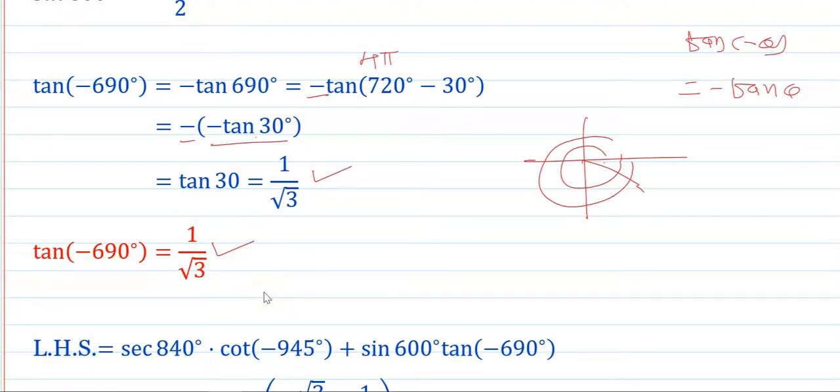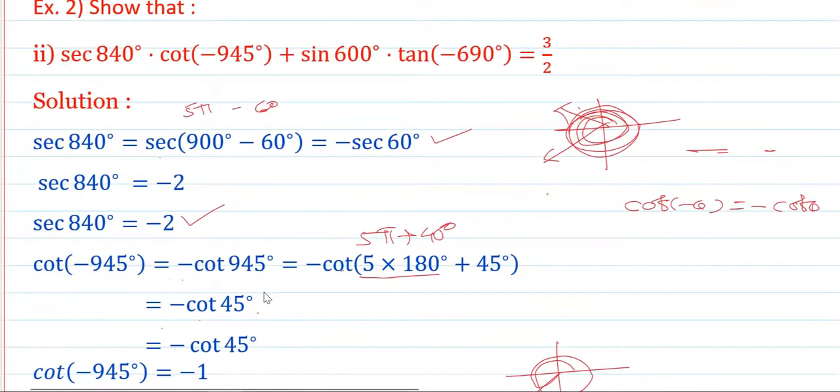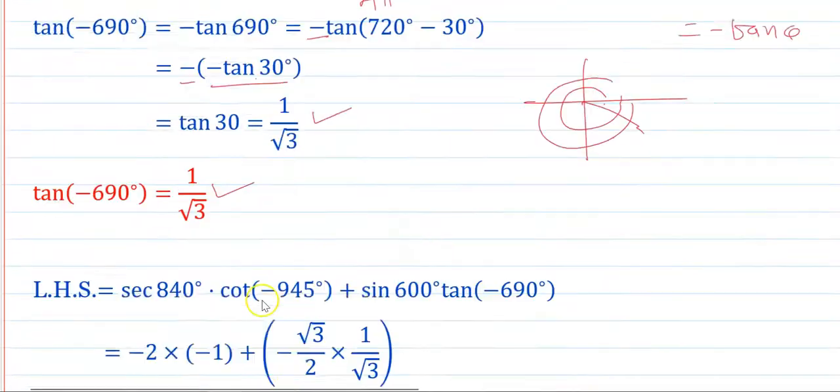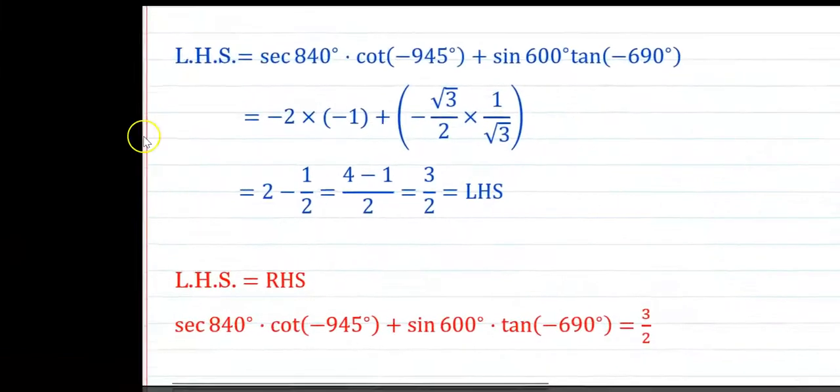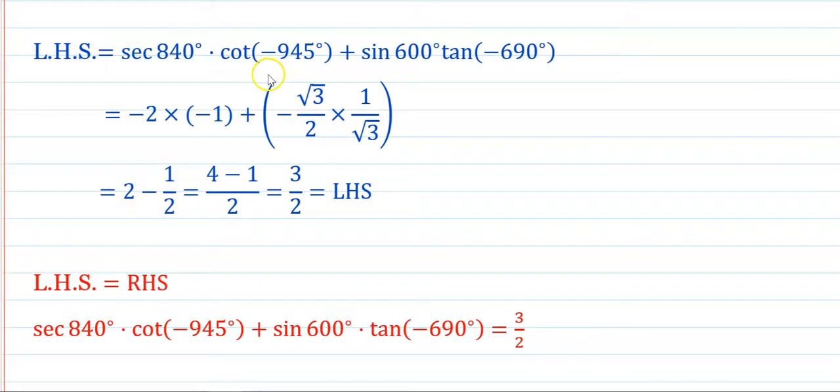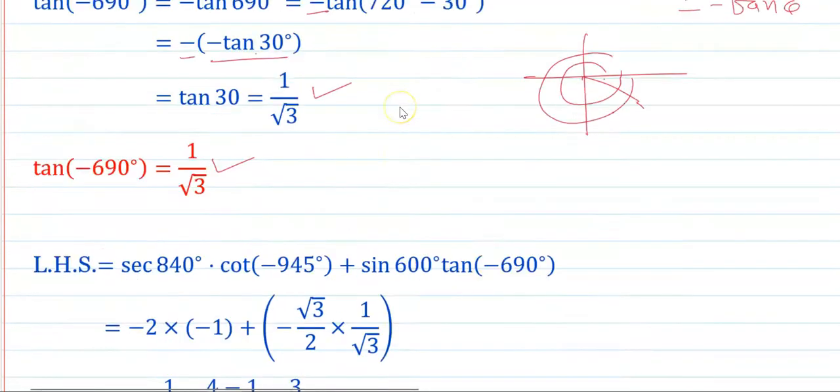Now substitute all these values. We will now substitute all these values here. Okay, and therefore sec of 840 is minus 2, cot of minus 945 is minus 1, sine of 600 is minus root 3 by 2, tan of minus 690 is 1 by root 3.